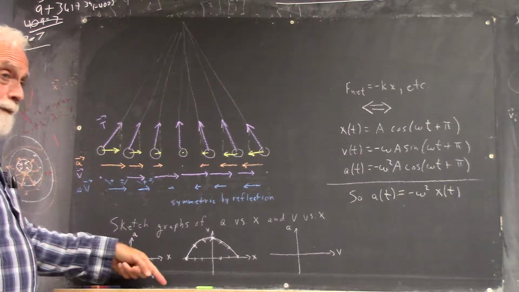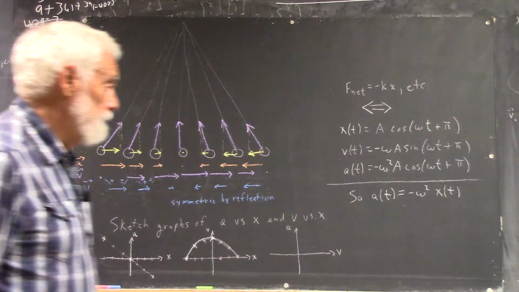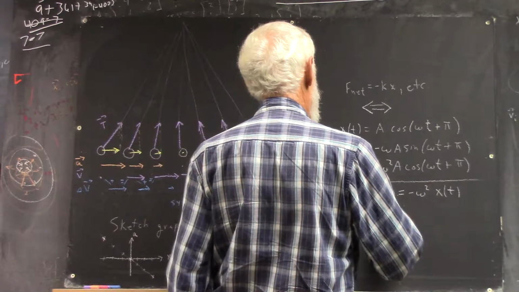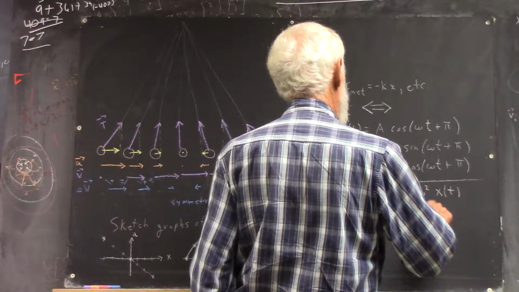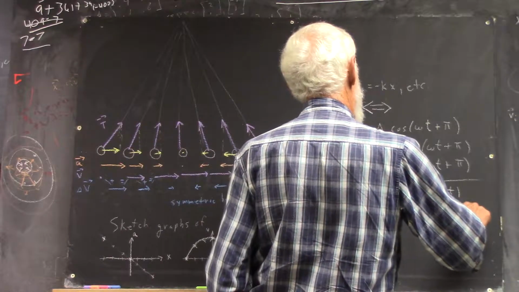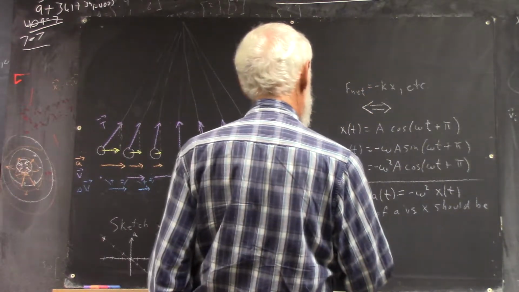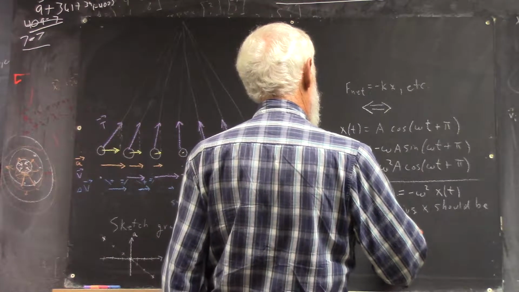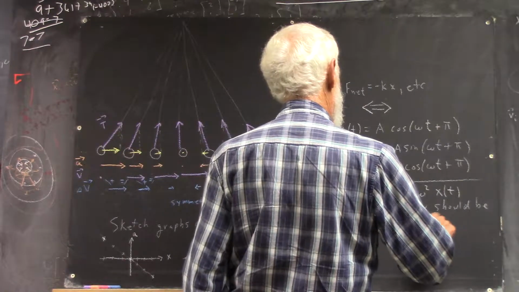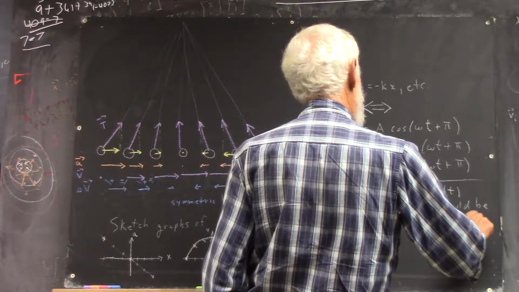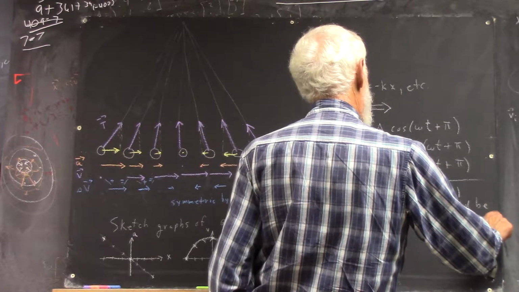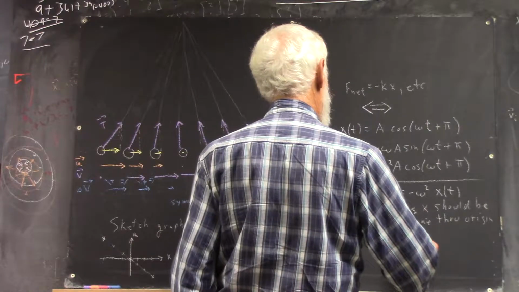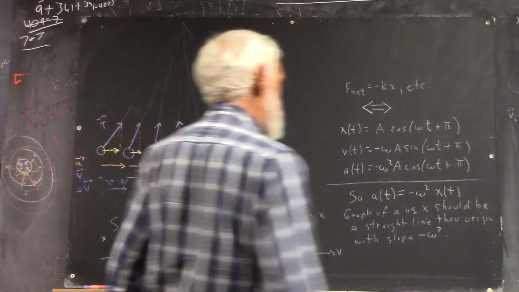So this graph should be a straight line through the origin with slope negative omega squared.